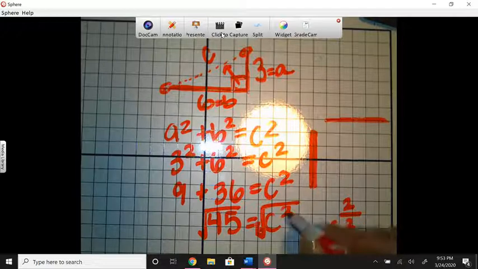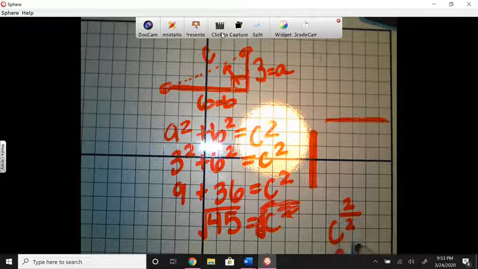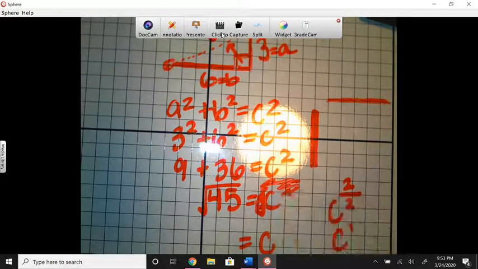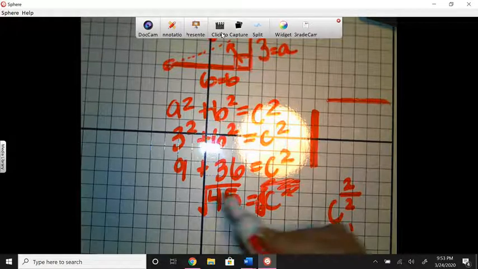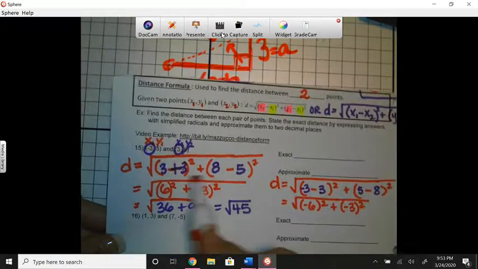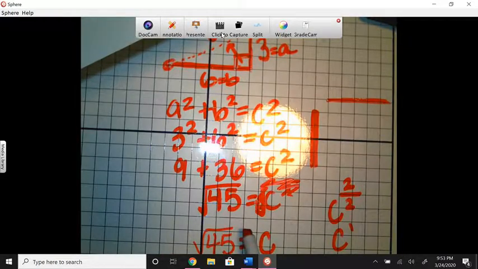So that's why the square and the square root will undo each other, because it would just make 1 when you divide this index into this exponent. So then we're left with just the square root of 45. So that is why the distance formula has the radical already there, because of this right here.